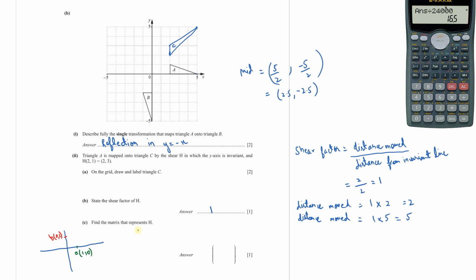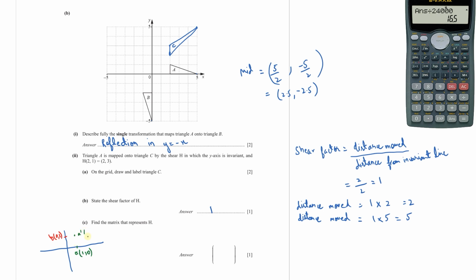In this case, you are applying a shear with shear factor 1, and the invariant line is the y-axis. So where will point A move after the shear? It will move 1, which is the shear factor, multiplied by the distance from the invariant line. The distance from the invariant line of point A is 1. So 1 multiplied by 1 is 1. So this point will move a distance of 1 in this direction.